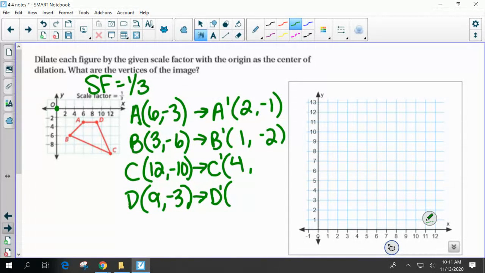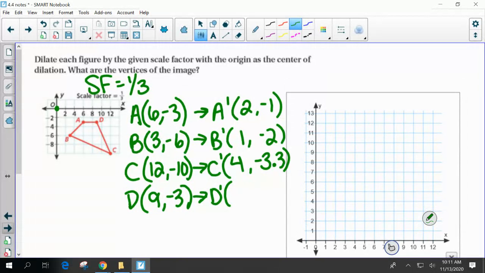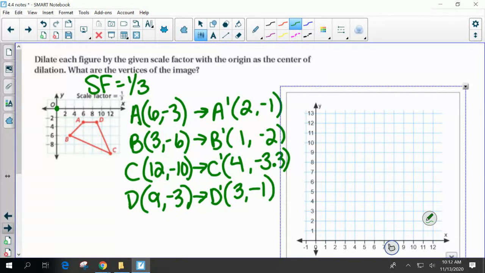And then 1/3 of -10 is -3.3 repeating. 1/3 of 9 is 3. And then 1/3 of -3 is -1.